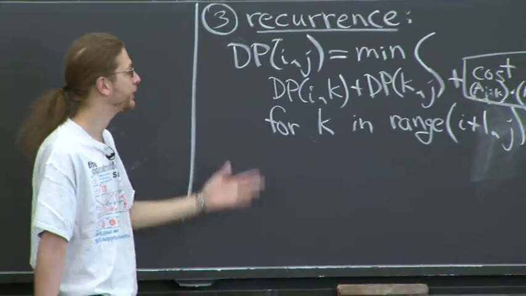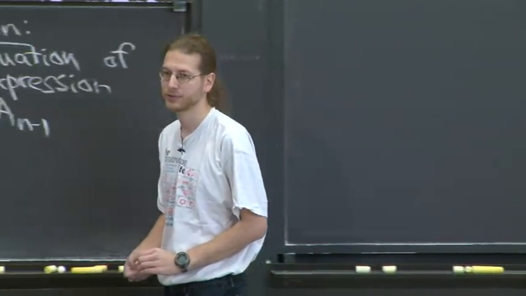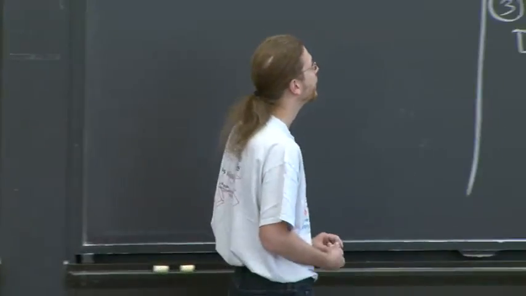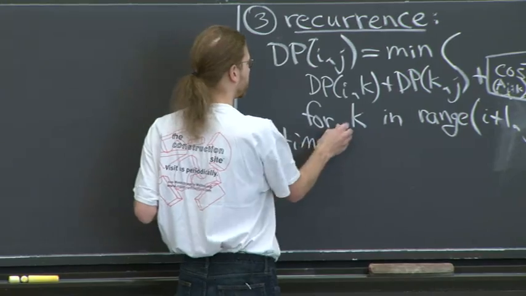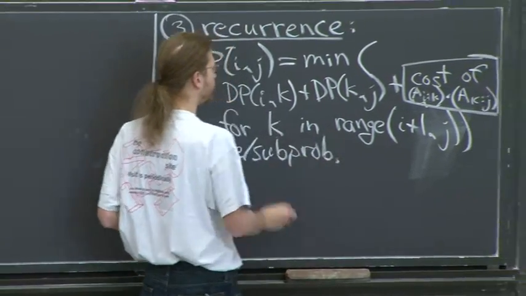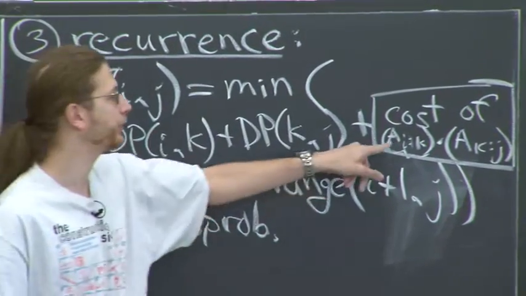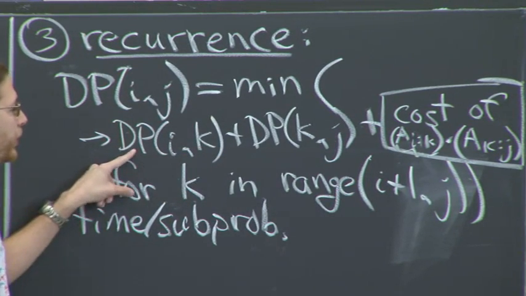This is magically considering all possible parenthesizations of these matrices. But magically, it does it in polynomial time because the time per subproblem here, we're spending constant time for each iteration of this for loop, because this is constant time just computing the cost. These are free recursive calls.